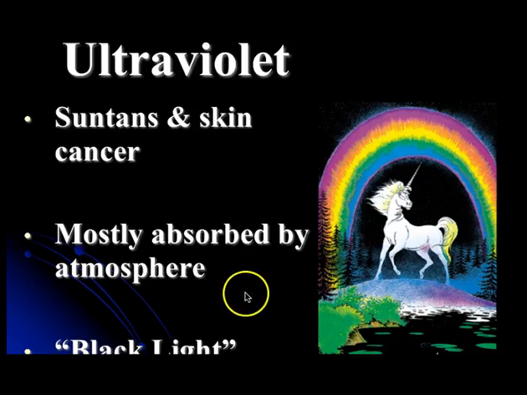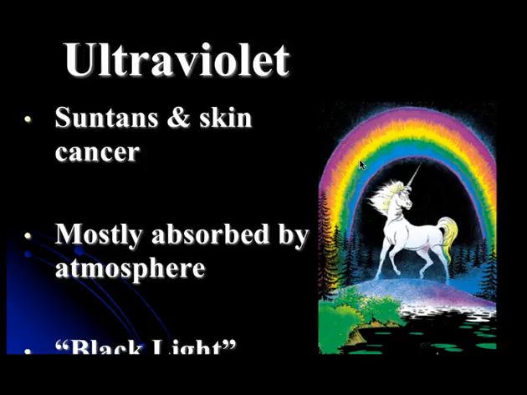Good thing. This is maybe more of my time as a youth, but we had these black light posters, and the black light would produce ultraviolet radiation, which would hit specific paint, and that paint would glow.